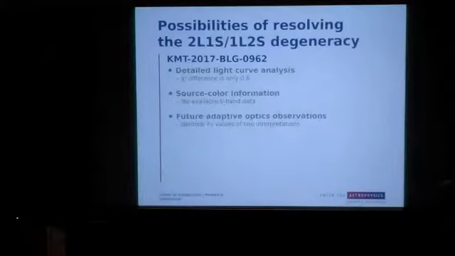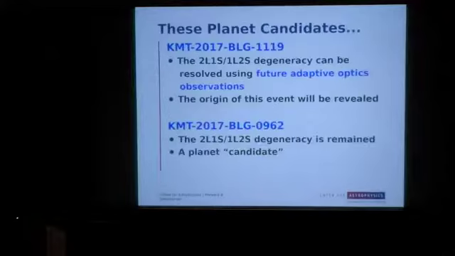And I checked the possibility of resolving this degeneracy, but as you can see, I cannot apply any of the methods for this event. Especially, future adaptive optics observation cannot help resolve this degeneracy because I found the source flux of the two models is identical.